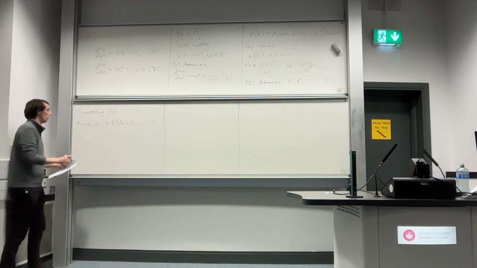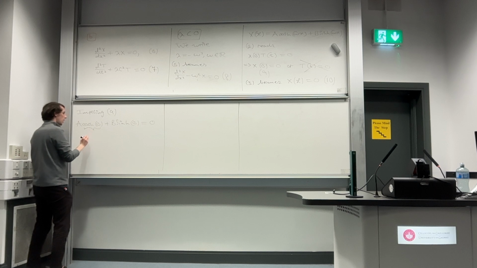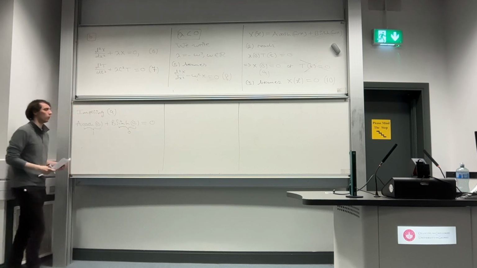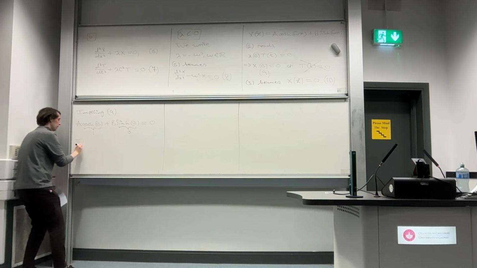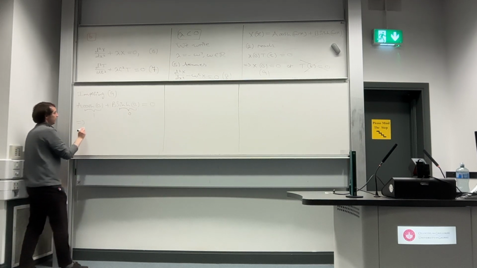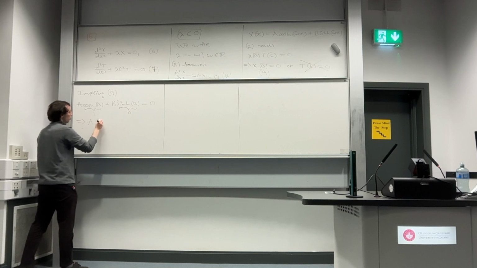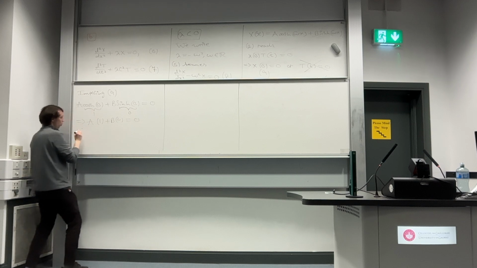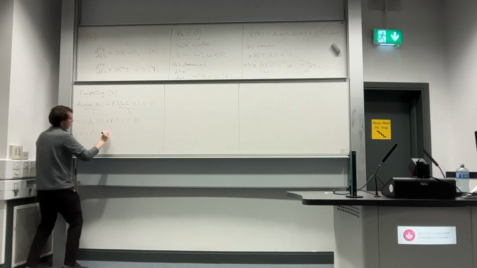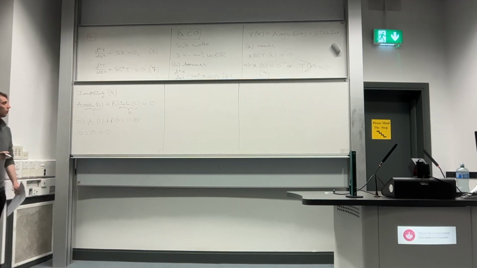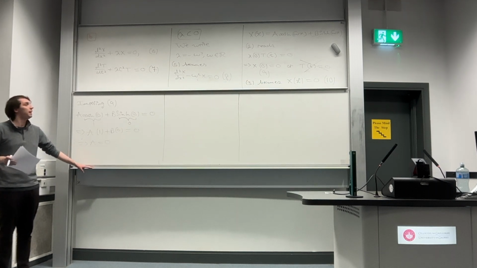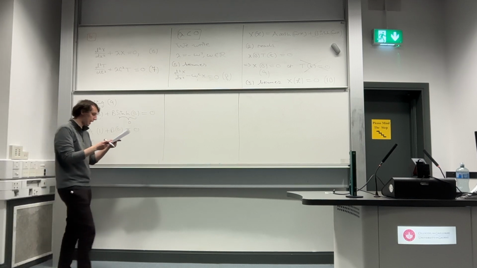Now recall from your lectures that cosh of 0 is 1 and sinh of 0 is 0. So this equation is the same thing as saying that a times 1 plus b times 0 is 0, which of course would tell us that a is equal to 0. So to determine b in our solution for x, we need to impose boundary condition 10.